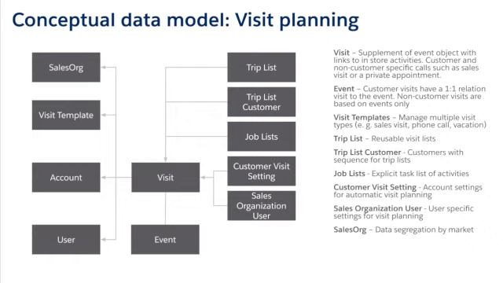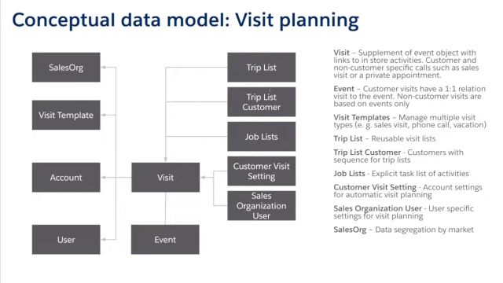Here again is the logical data model view for visit. This is about visit with a customer relationship. We have a one-to-one relationship, visit and event. Visit is related to sales org and depends on customer visit settings.